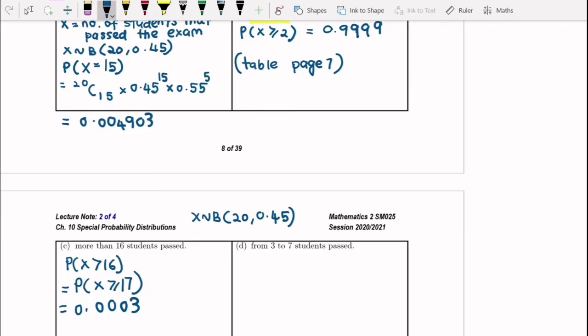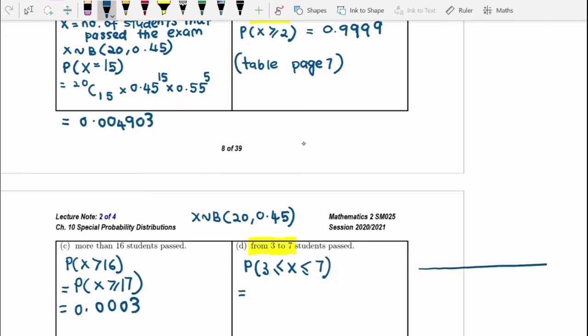Next, we need to find the probability from 3 to 7. If we have the question from 3 to 7, that means the value of x is between 3 and 7, both inclusive. To answer this question, we need to change it to greater equal.